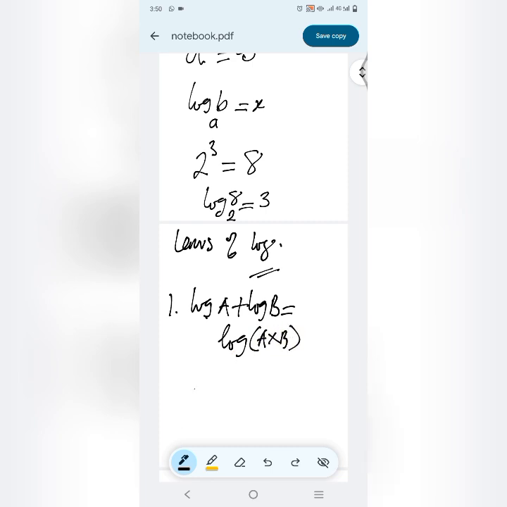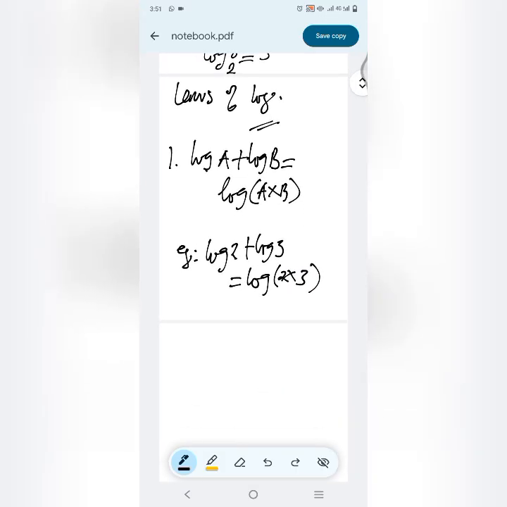As a very quick example, if I have log 2 plus log 3, this is the same thing as log 2 times 3, which simply translates to log 6.